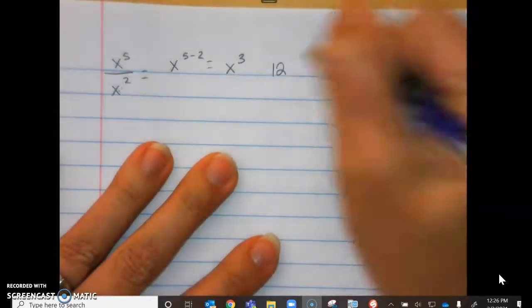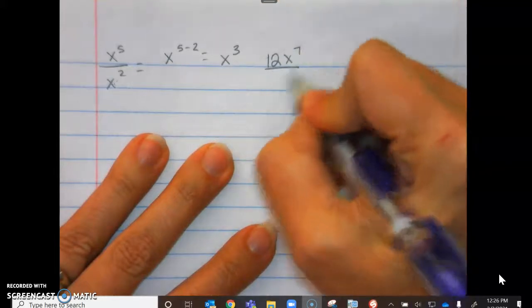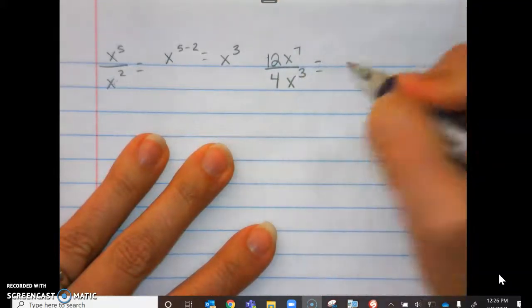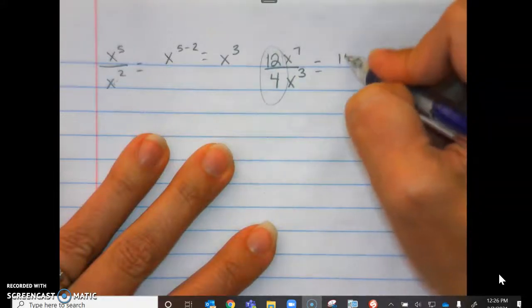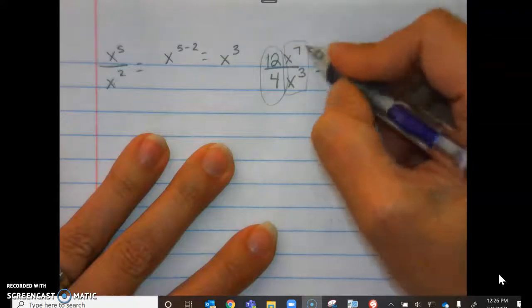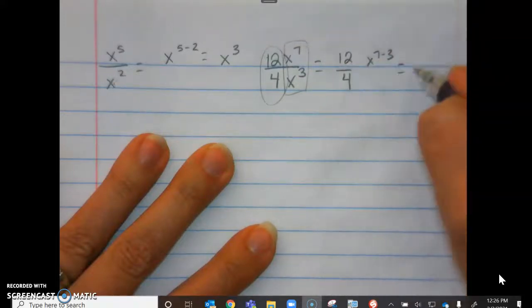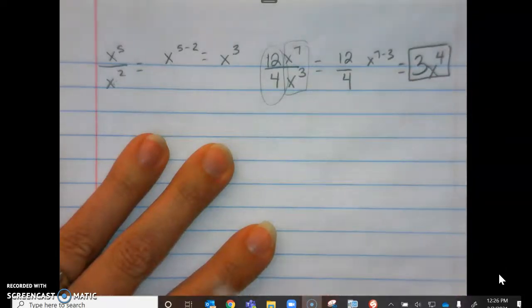So I can say 12x to the 7th over 4x to the 3rd. Now remember, coefficients, we just do what it says. This is just 12 over 4. Then we have like bases, so x to the 7 minus 3. 12 over 4 is 3. 7 minus 3 is 4. 3x to the 4.